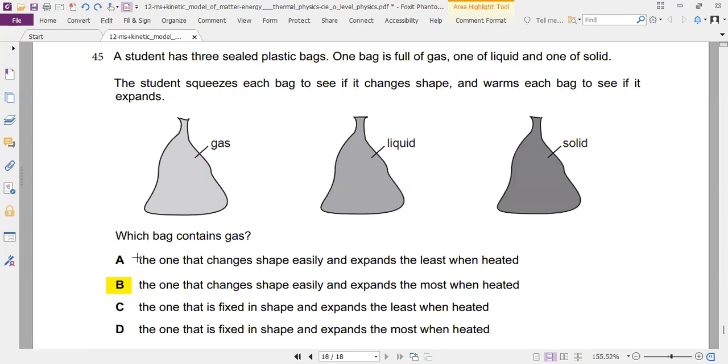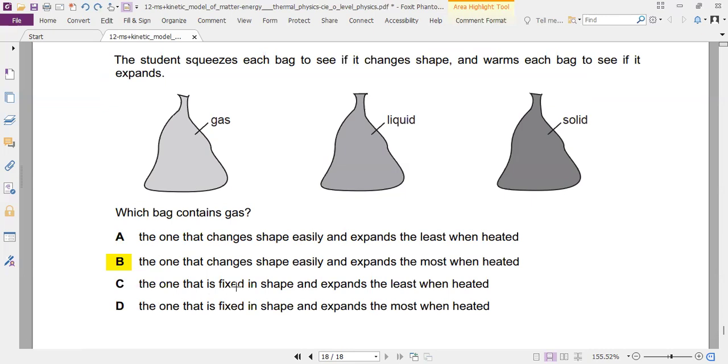So first of all, look at A. The one that changes shape easily, okay, and expands the least when heated. No. Look at C, the one that is fixed. No. The one that is fixed. No. So reject all three of them. Look at B now. The one that changes shape easily. Yes. And expands the most. Yes. So this is a gas.